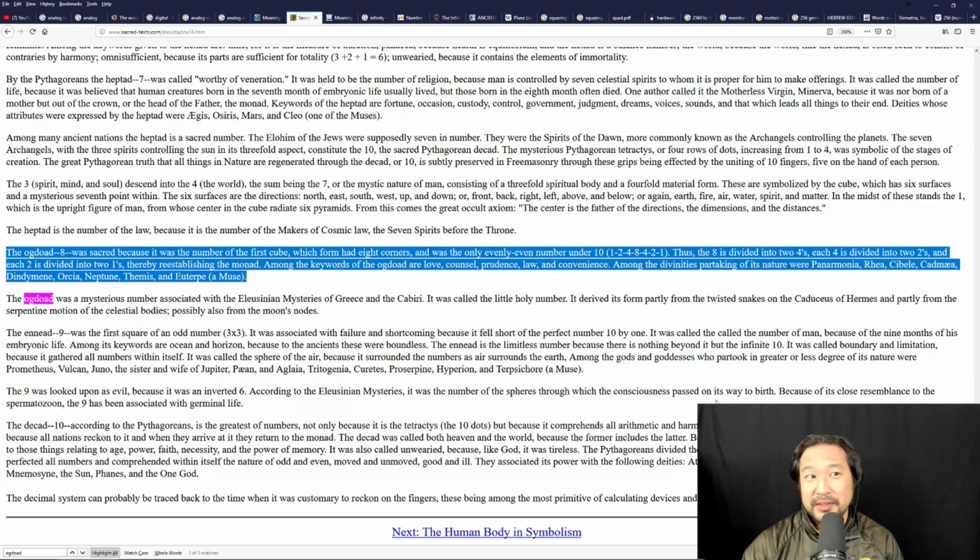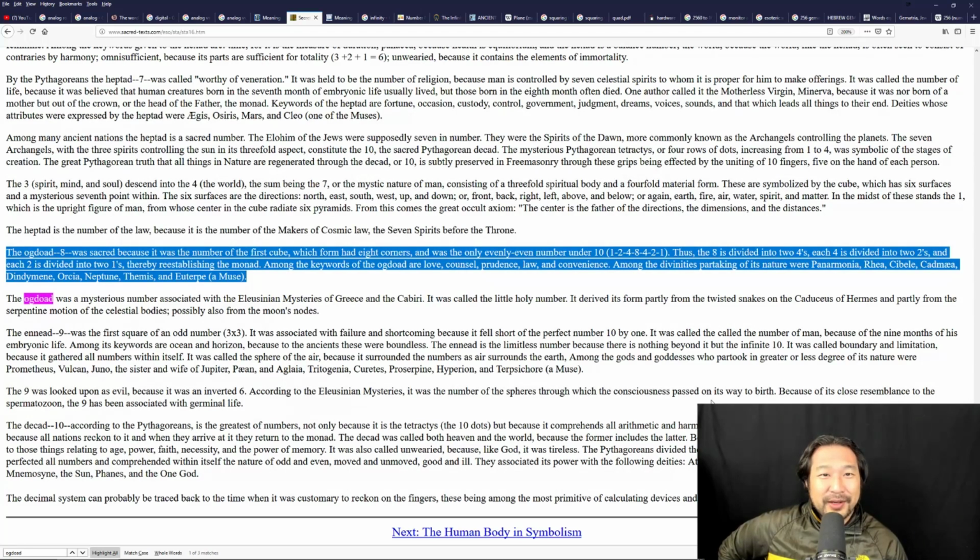You think about Saturn, and it was the only even number under 10. 1, 2, 4, 8, 4, 2, 1. Thus, the 8 is divided into two 4s. Each 4 is divided into two 2s, and each 2 is divided into two 1s, thereby reestablishing the monad.